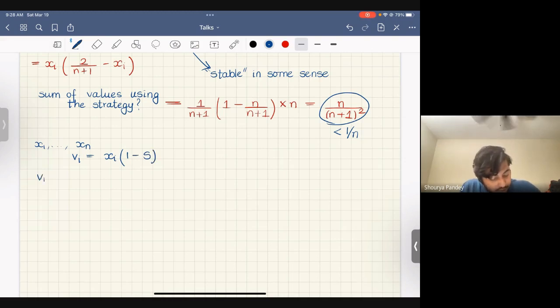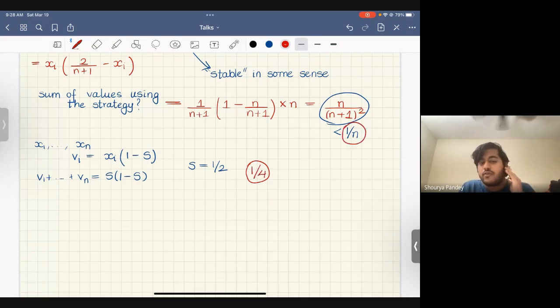Then v1 plus up to vn is s times 1 minus s, which means that if s is half, then we can actually achieve a social happiness of 1 by 4, as opposed to 1 by n.